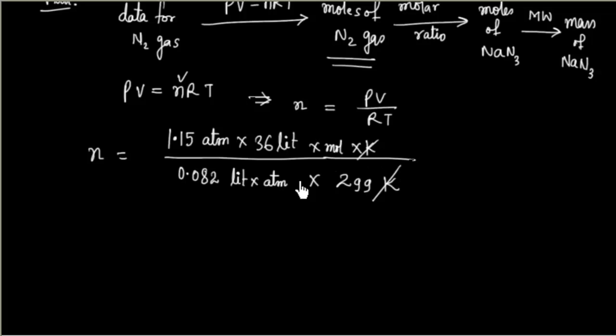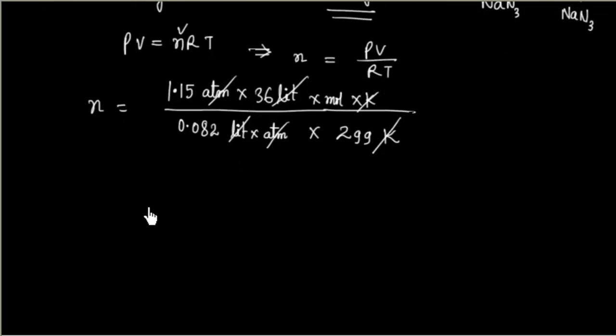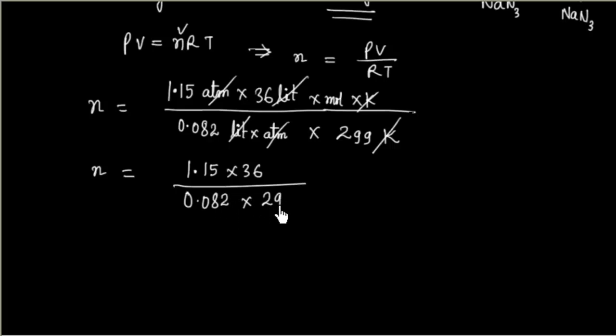So Kelvin goes, atmospheric pressure goes, liter goes. Finally we will have n equals 1.15 into 36 divided by 0.082 into 299, and this is moles of nitrogen.